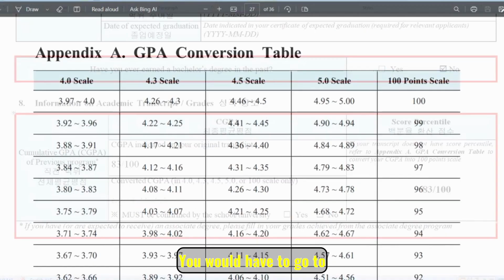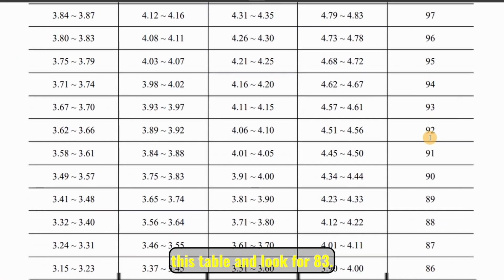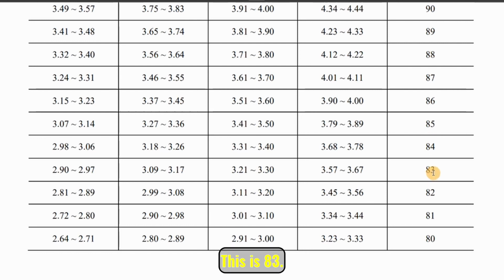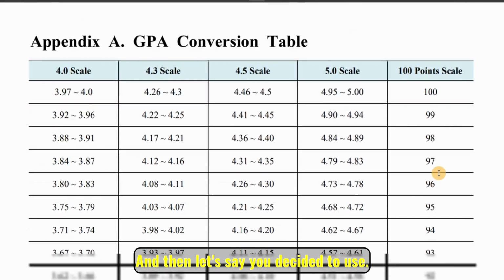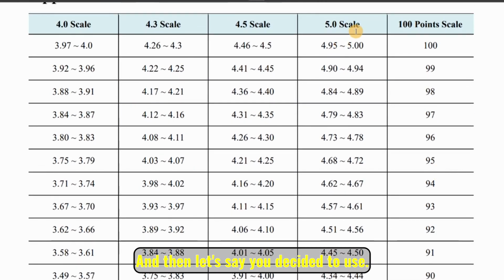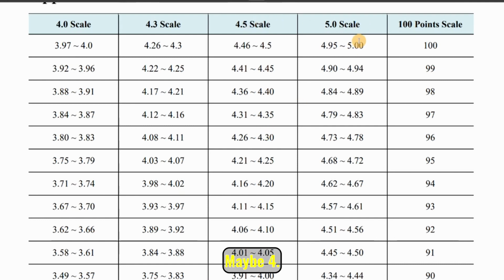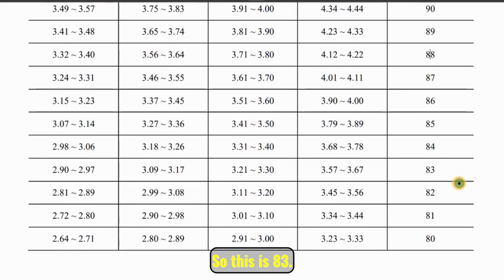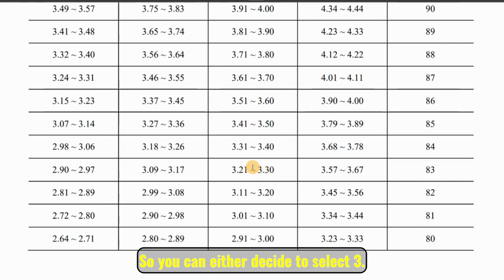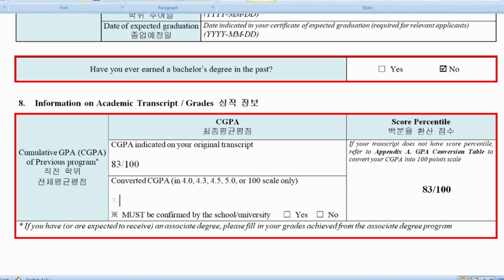You would have to go to this table and look for 83. This is 83. And then let's say you decided to use maybe 4.5 or 5.0. If you use 4.5, you are in the range of 3.21 to 3.30. So you can decide to select 3.30 and then go here, 3.30 on a scale of 4.5.